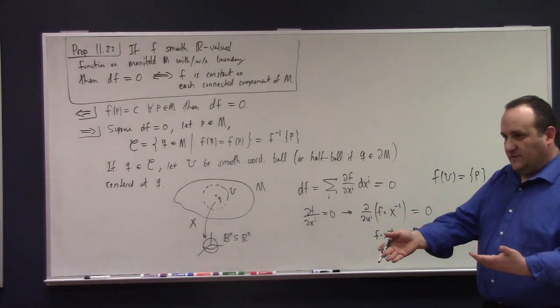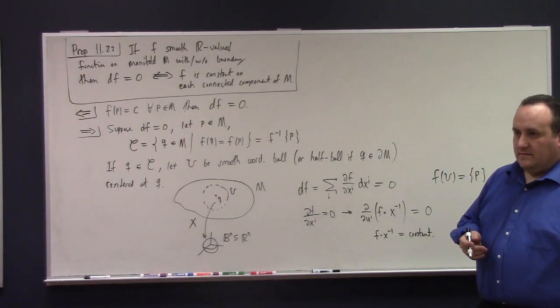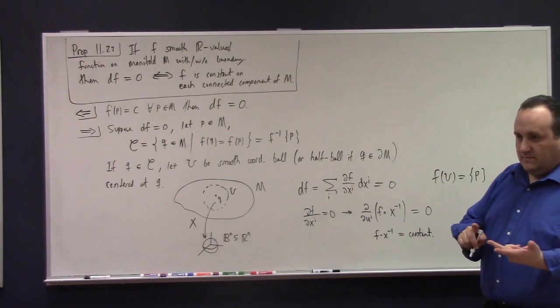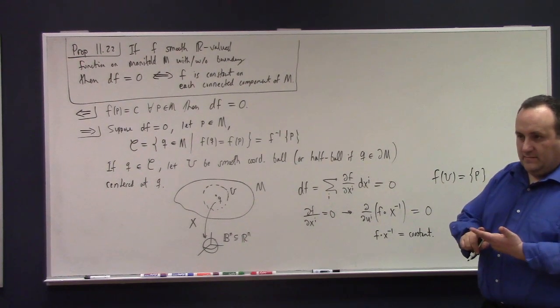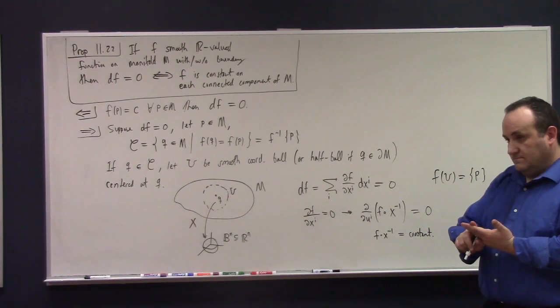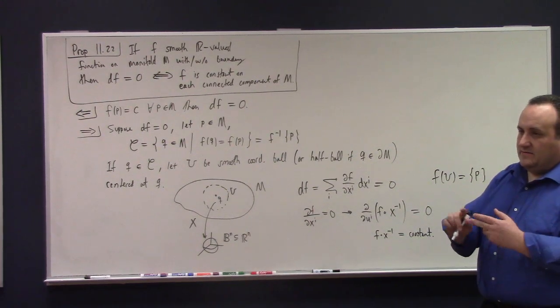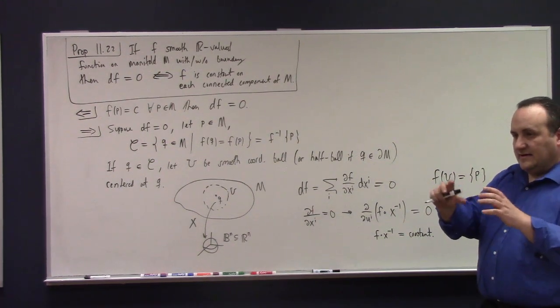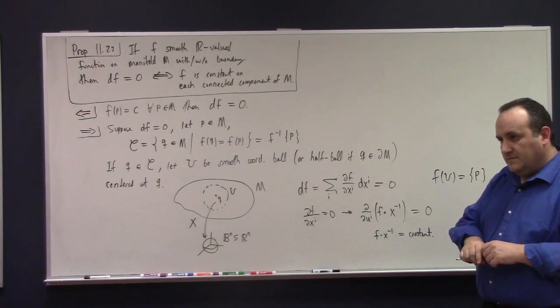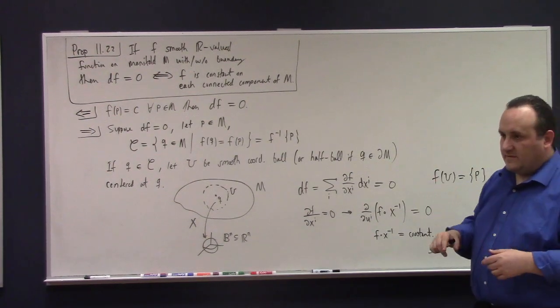But f is assumed to be continuous, therefore C is a closed set. C is both closed and open. If M is connected, it must be all of M. And if M is not connected, you simply repeat this argument on each connected component. And so doing, we have the proposition.